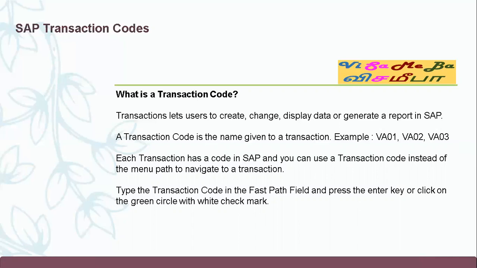The number at the end of the transaction code, 01, 02, 03, has a significant meaning. 01 is to create, 02 is to modify, and 03 is to display.